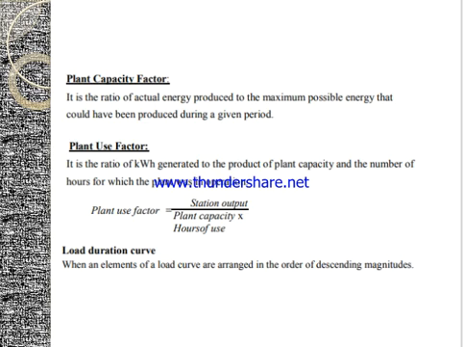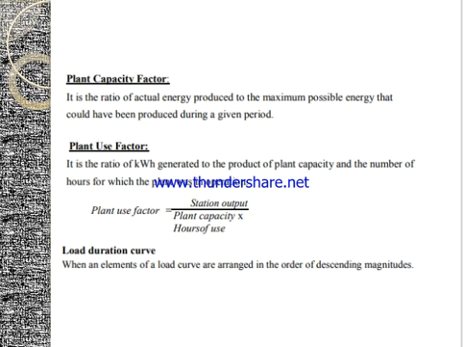If the plant is being operated under the rated capacity level, this factor will immediately indicate whether it is at a good level or not. So this is a perfect indicator of the utilization of the generation capacity.